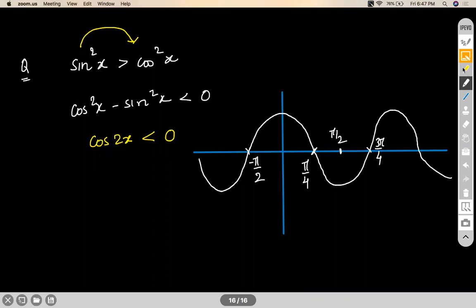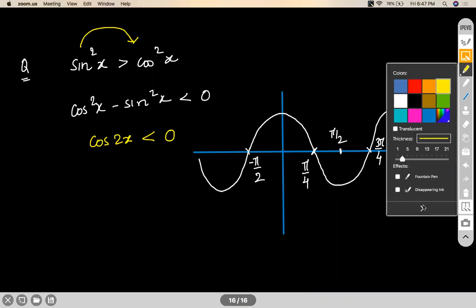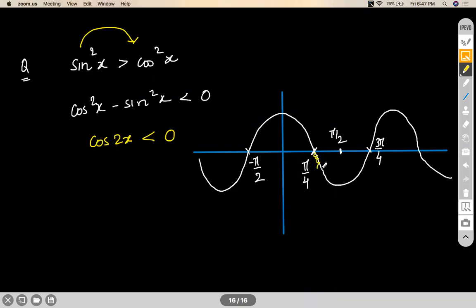Now, less than 0. Less than 0 means when is it below the x-axis? So one case where you can see it below the x-axis is in this zone. Correct? That means your x should lie between pi by 4 to 3 pi by 4.